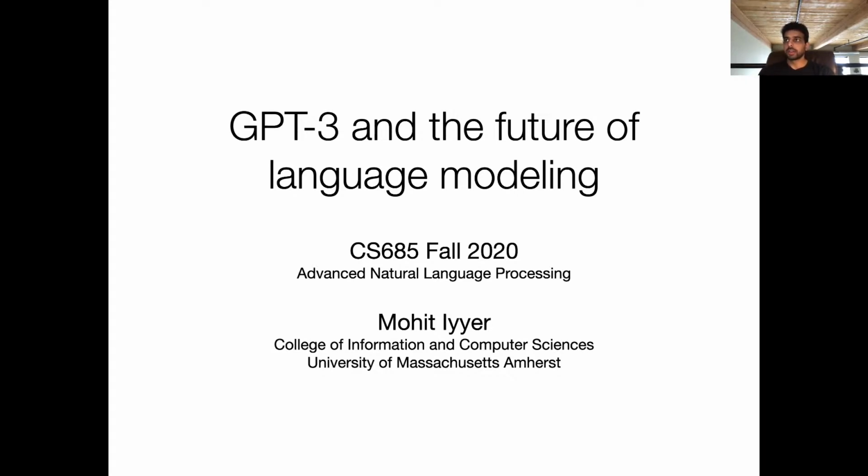So today we're going to be talking about GPT-3, which is the latest and greatest neural language model that was just recently released a few months ago by OpenAI and their research team. Quite interestingly, we're not going to be talking about any really new modeling in this lecture.